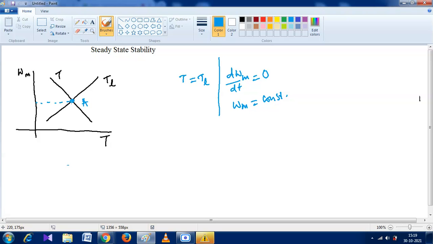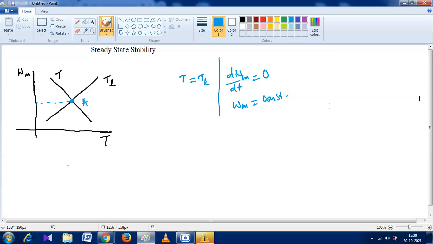Now Ritesh, tell me when we say A is stable and when A is unstable. When d omega by dt equals zero. No, this is the operating point. At that time, when d omega by dt is equal to 0, T is equal to TL.